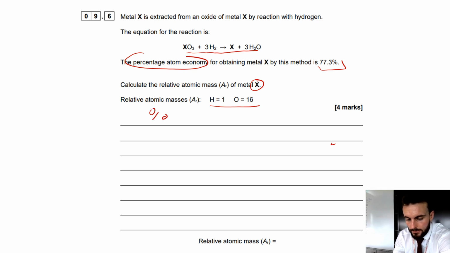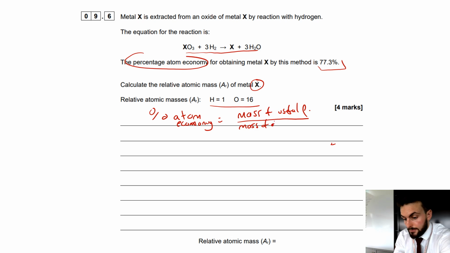So I'm going to write that down. Percentage atom economy is your mass of useful product divided by mass of all products, and it's times 100.